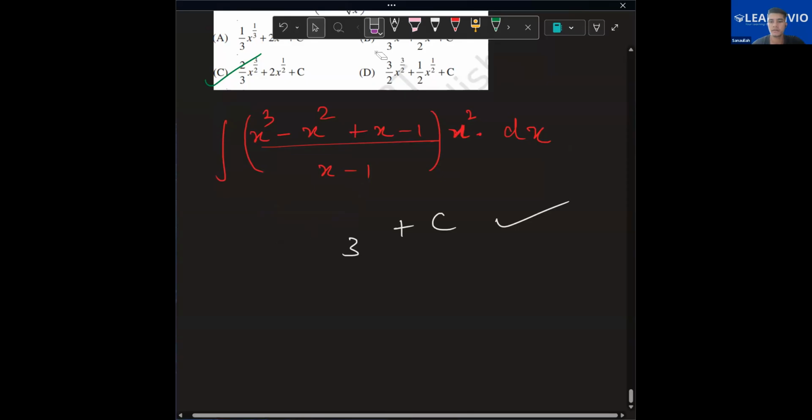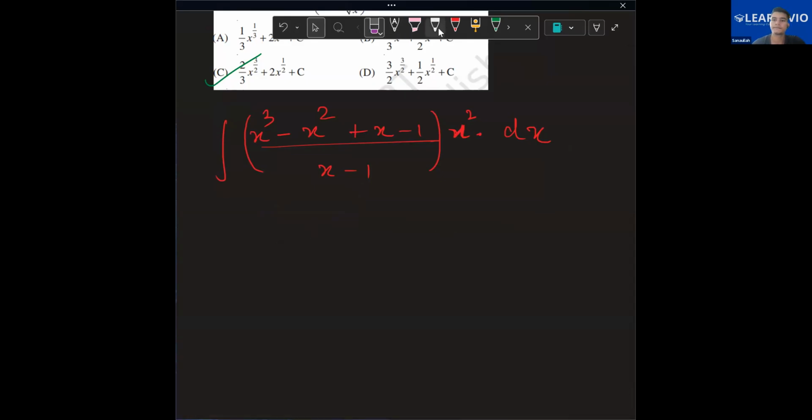Sorry, x square is common, so this is x power 4. x power 5 upon 5 plus x square plus x cubed by 3, right?